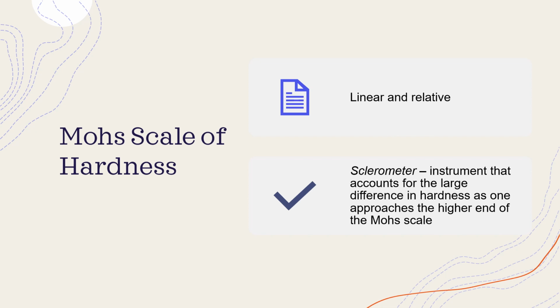But in reality, it is actually 4 times as soft. To account for the nonlinear discrepancy, scientists developed a proportional measurement known as absolute mineral hardness through the use of an instrument called a sclerometer. This instrument accounts for the large difference in hardness as one approaches the higher end of the Mohs scale.